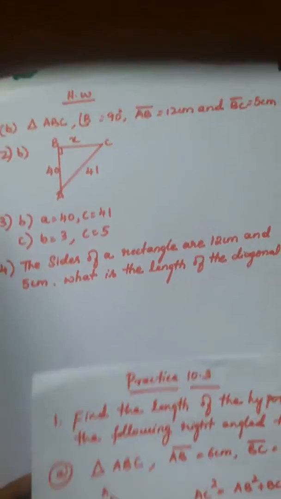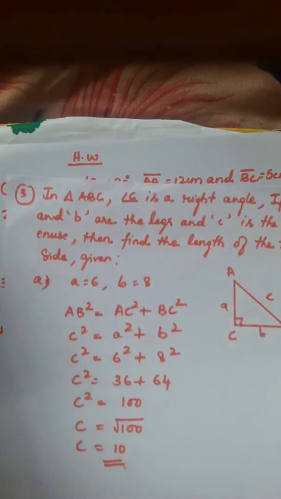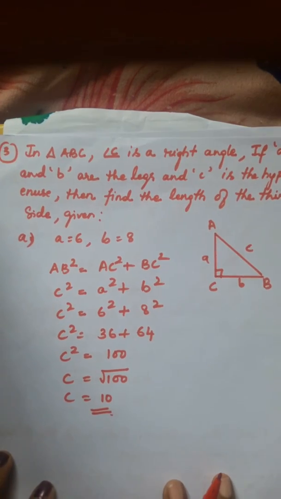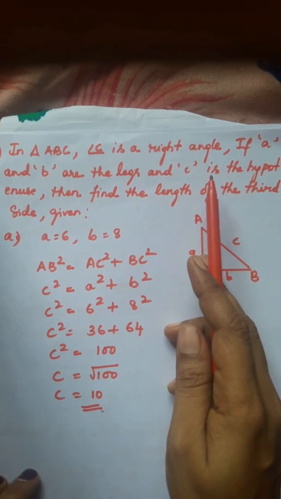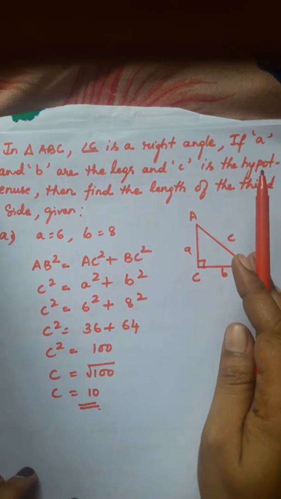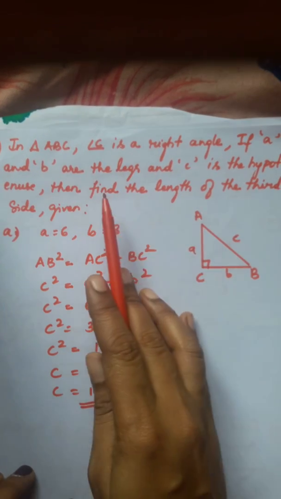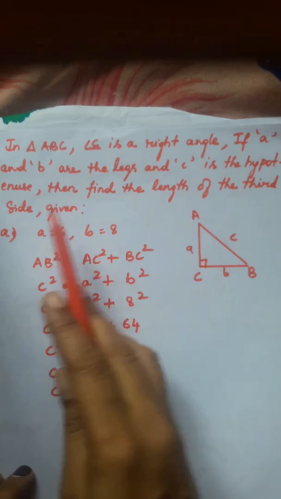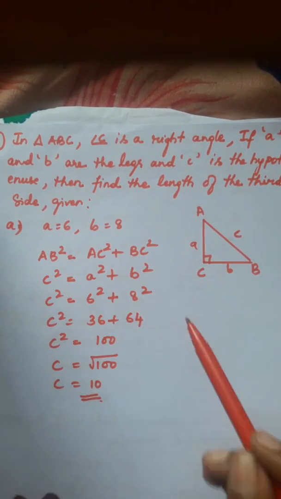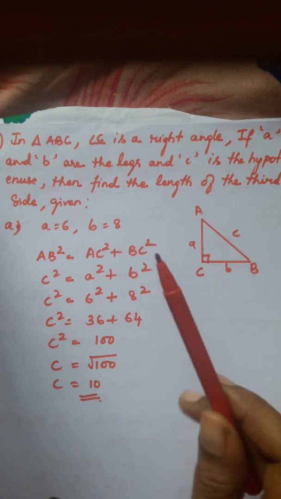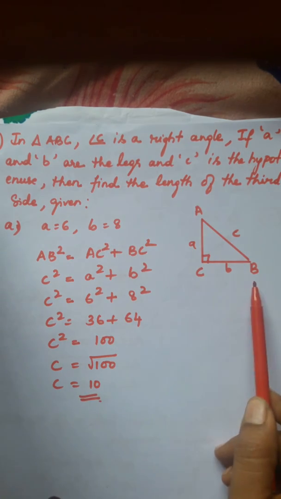The next sum we are doing here is the third sum. In triangle ABC, angle C is a right angle. If A and B are the legs and C is the hypotenuse, then find the length of the third side. According to this, we have to draw the diagram.